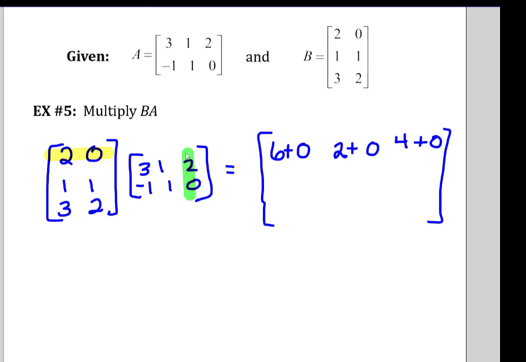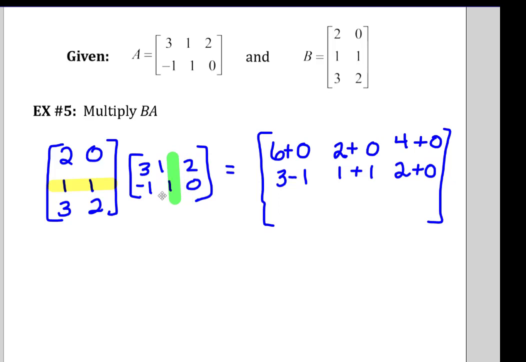Now we're going to go back to column 1 and go back to row 2. So 1 times 3 and 1 times -1. Moving over to column 2, 1 times 1 and 1 times 1. And then moving to column 3, 1 times 2 and 1 times 0.